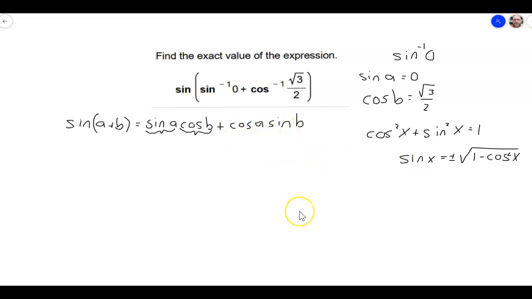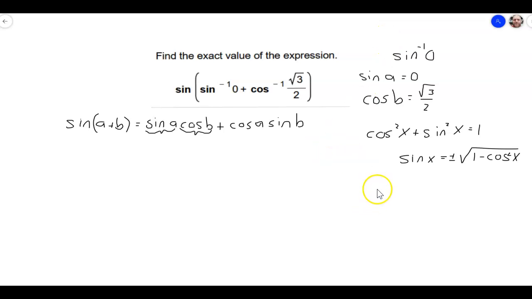We're going to use this idea to get our last 2 terms. For example, if I want to get the cosine of A, I can do that knowing the sine of A, because it's still part of the same angle. This A still belongs to that A. I can use this Pythagorean identity to solve for that.